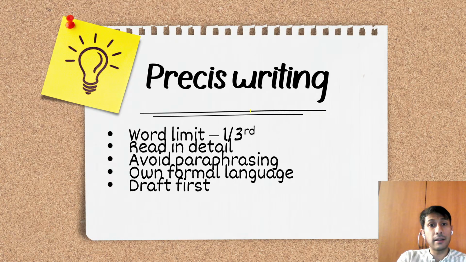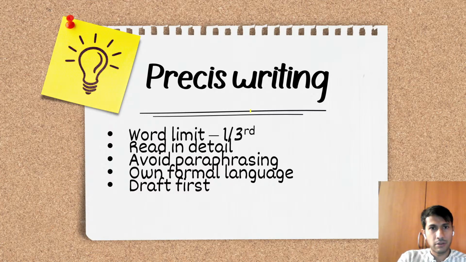Do not just copy paste. Some people do precis as an exact copy paste into one third of the size. No, it should be your own formal language, and ensure that you do not copy paste. So the idea is simple here.